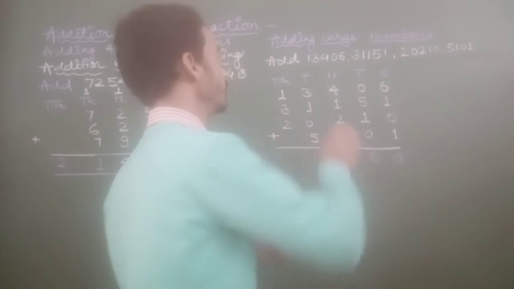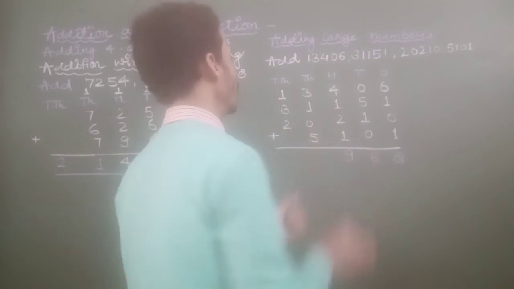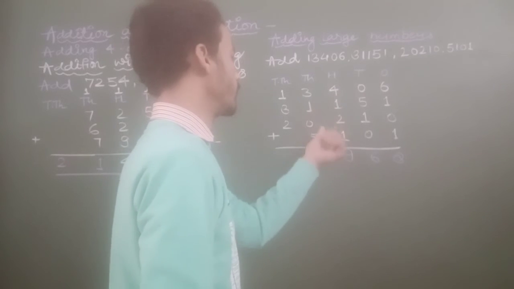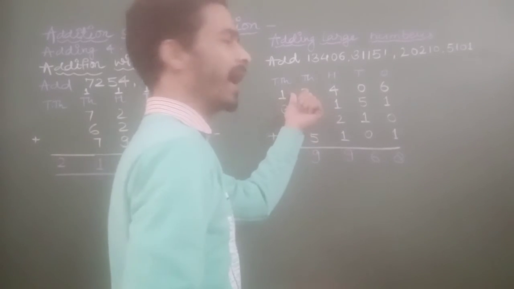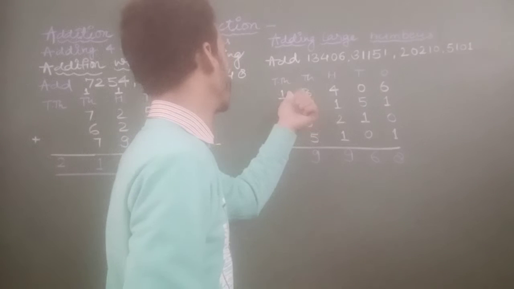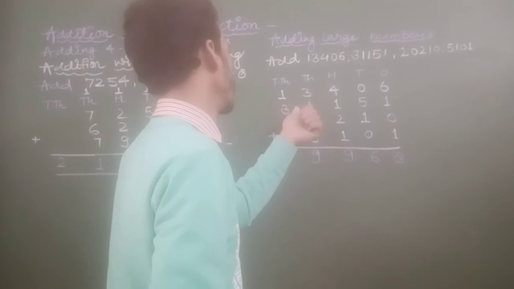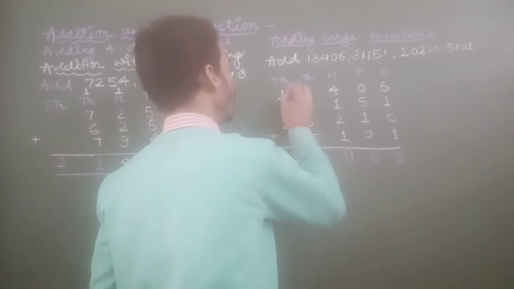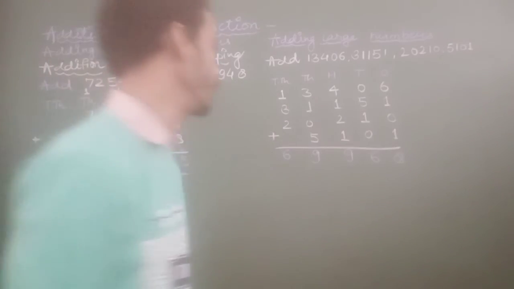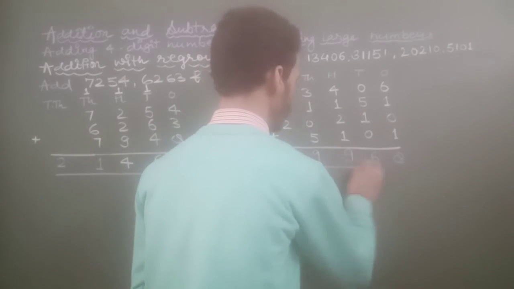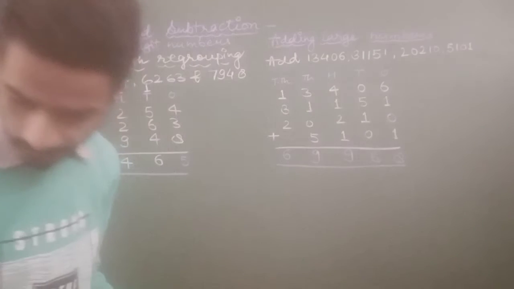Add the thousands: 3,000 plus 1,000 is 4,000, plus 0, plus 5,000 is 9,000. Now add the ten thousands. So the answer is 69,968.